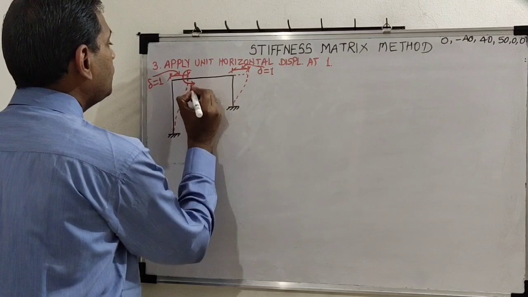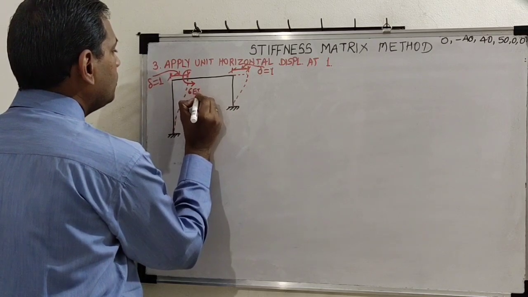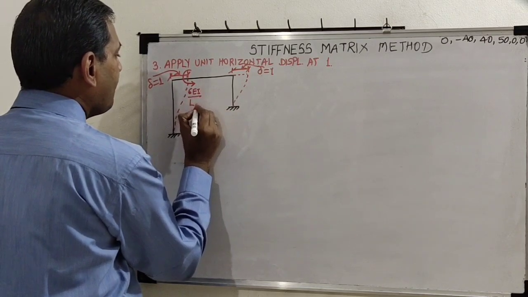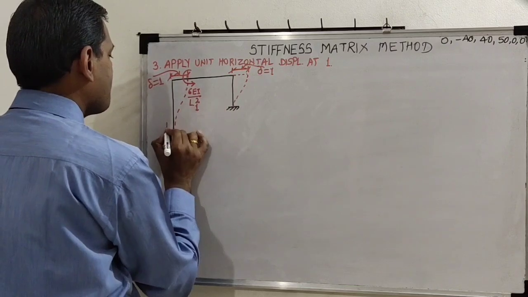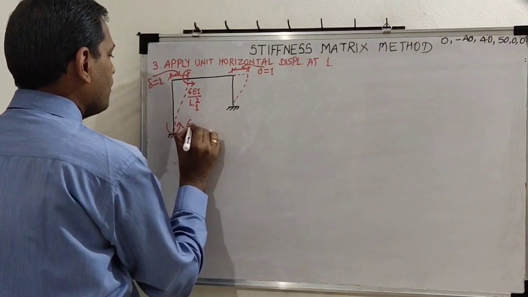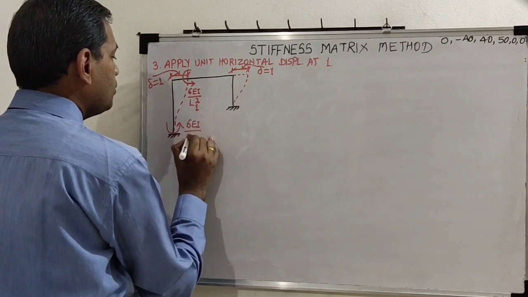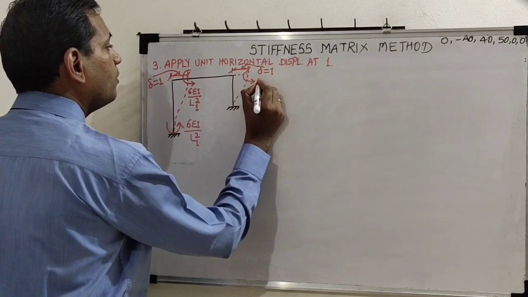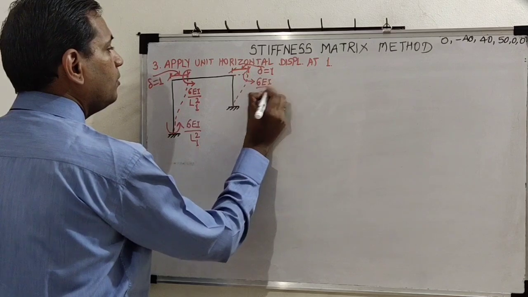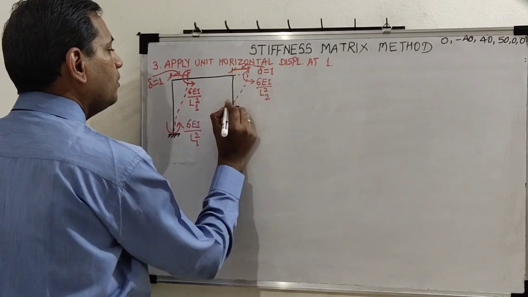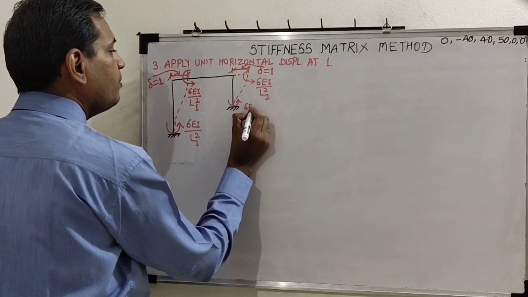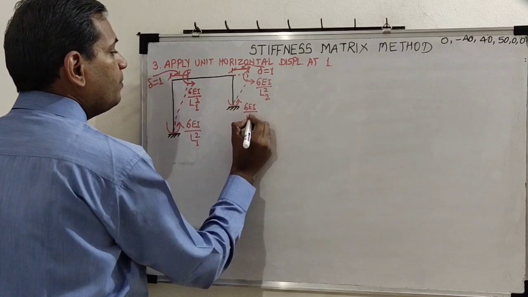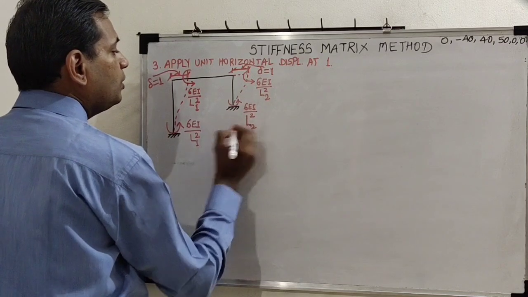These are nothing but moments due to sway, 6EI upon L1 square. Please remember, moments because of sway will be the same on both the ends.